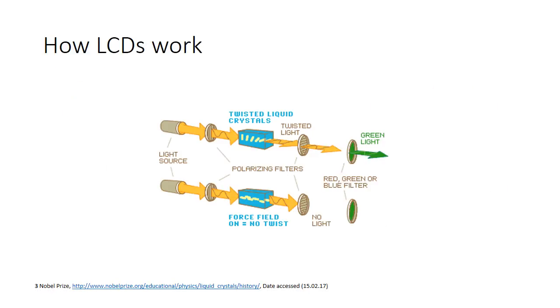But how do LCDs work? Well, the light is first shown through a polarizing filter, and this polarizes the light before being shined through the twisted nematic phase of liquid crystals. This twists the light.